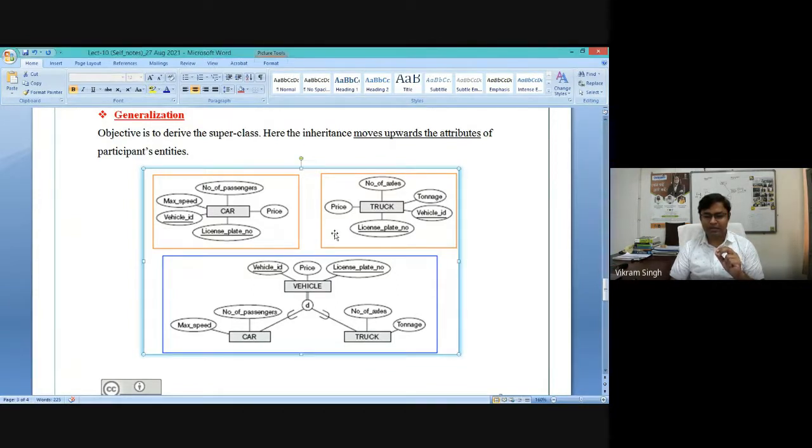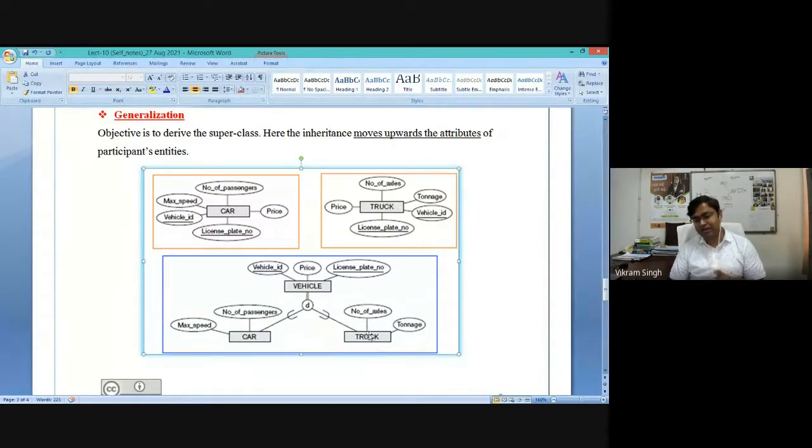It is placed on the super entity, and whatever attributes are left, not considered for the upward inheritance, are still placed on these two participating entities. Like for car, it is the maximum speed and number of passengers, which is applicable only for cars, and that's why it is not moved to the parent entity, the super entity.